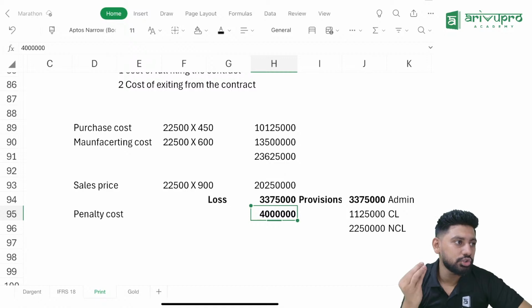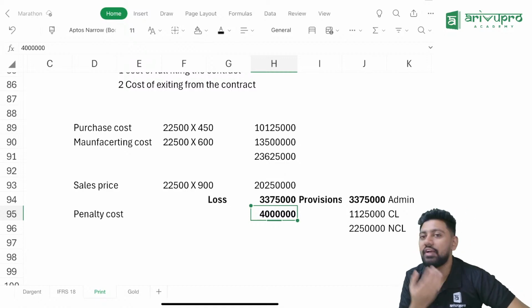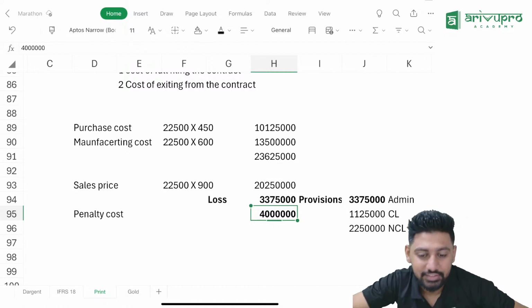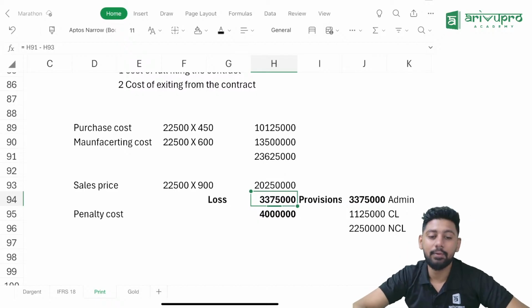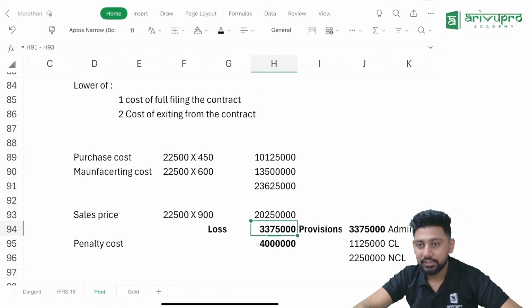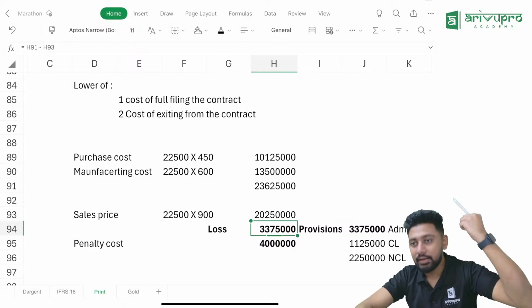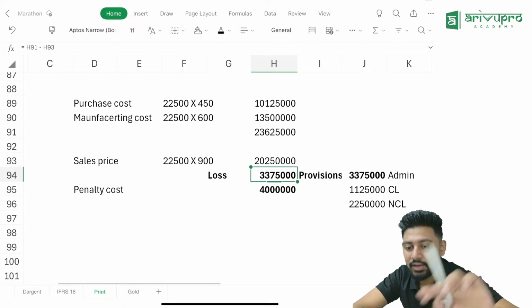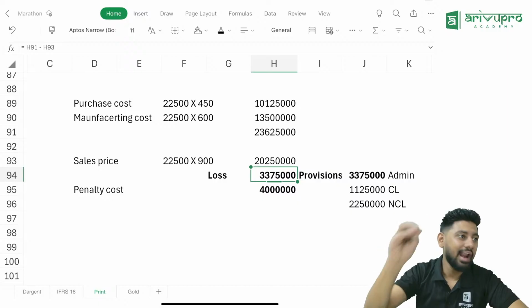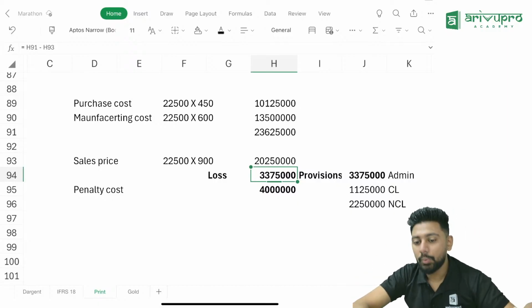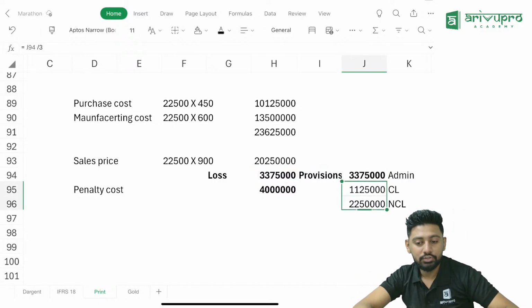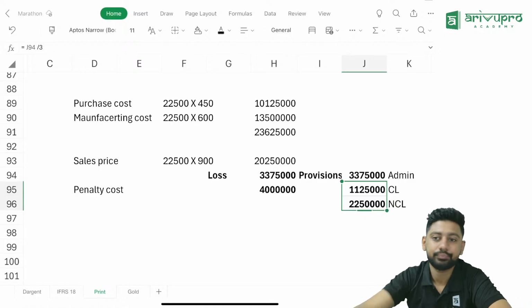So what would you choose? Something where you have lesser damage. In that case, the lesser damage for you is option number 1, cost of fulfilling the contract. So for that, you are going to provide the entire provision of 3,375,000 right now, immediately. However, your current and non-current liability over the next 2 years has to be accounted for.